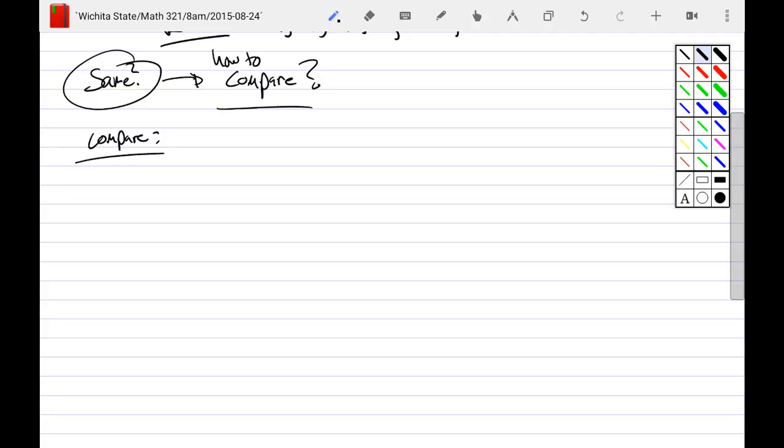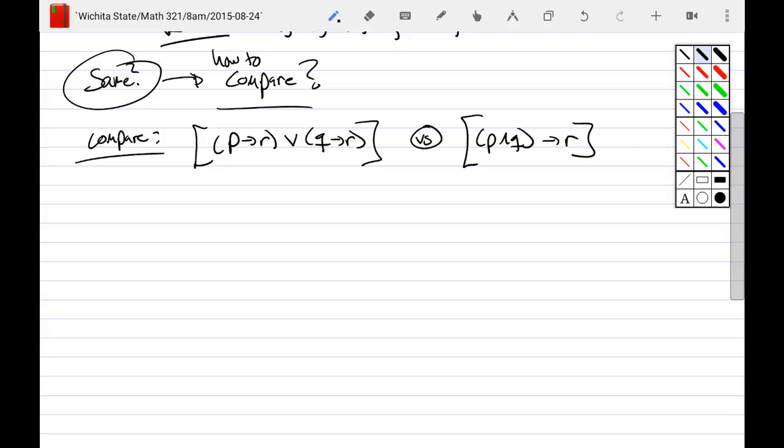Let's make something that doesn't necessarily always look clean. Say the entire compound proposition of P implies R or Q implies R, and I would like to compare this to, say, P and Q implies R. You'd want to do a comparison of some sort where we're just looking at compound propositions.